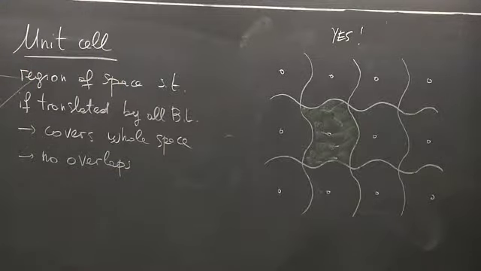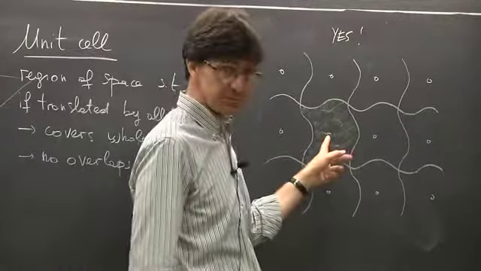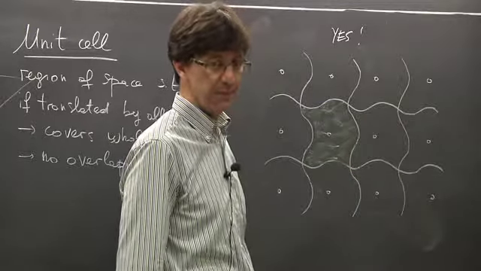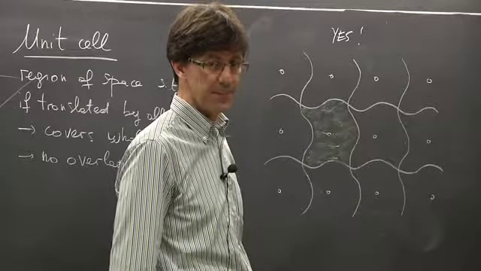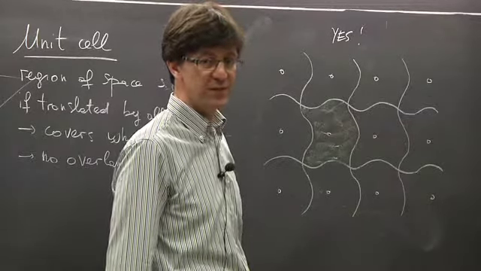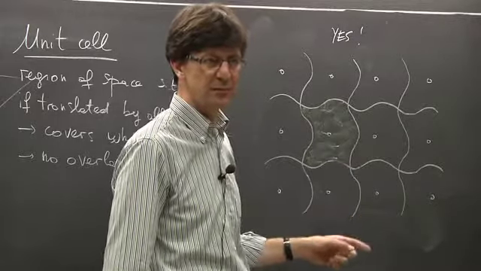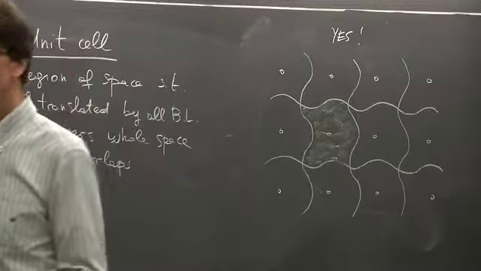Yes? Can we do this? I think it would be easy if we take a sphere and cover the sphere with this lattice, and then we will have a circle, right? So wait a sec, let me repeat it. You want to have a sphere? We cover the sphere with the whole lattice.